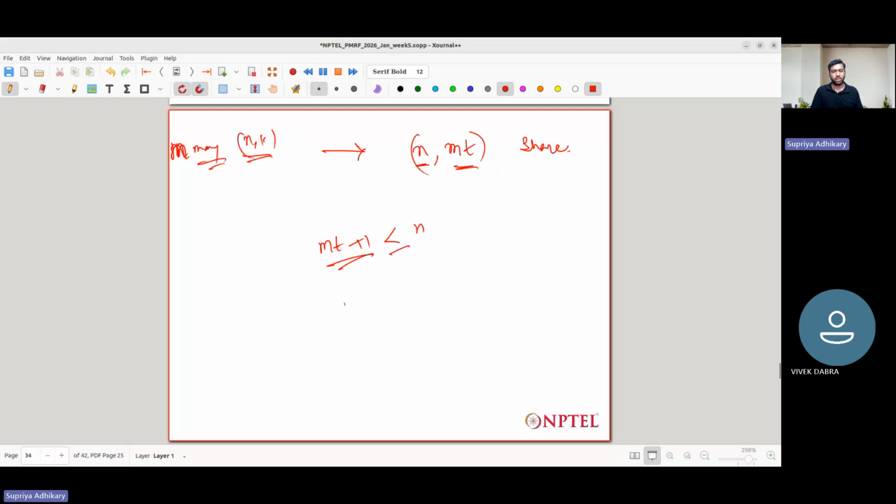But in that case we also have T less than or equal to this. The other way around, T are the parties which should not be able to reconstruct the secret. So that's why they have subtracted MT minus T.